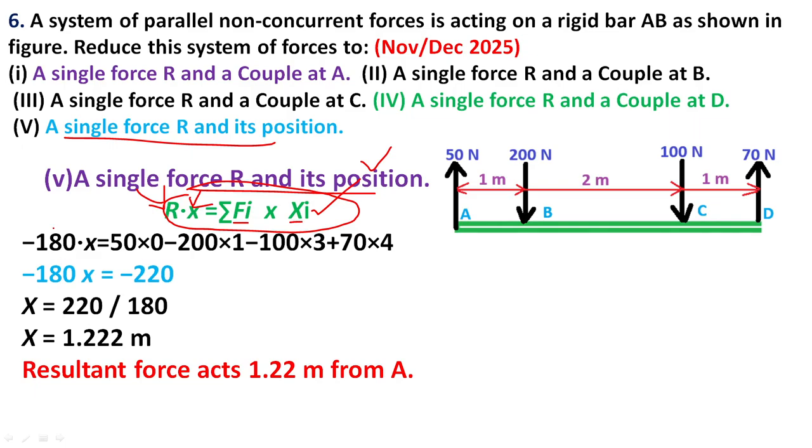Our resultant force is already found, minus 180 into x. Taking moment about point A: 50 into 0, so minus; 200 into 1 is clockwise, so minus; 100 into 3 is anti-clockwise, so positive. Anti-clockwise is positive, clockwise is minus.